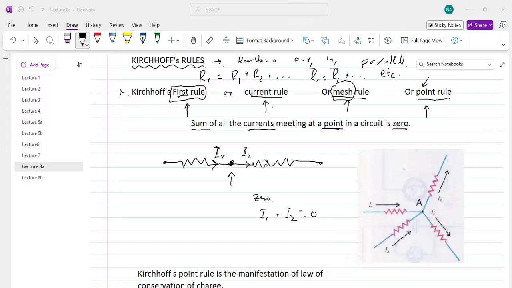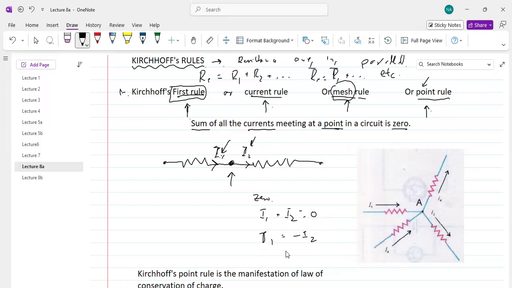Okay. And now I am telling you that I1 plus I2 is equal to 0. What does this mean? This means that I1 is equal to minus I2.